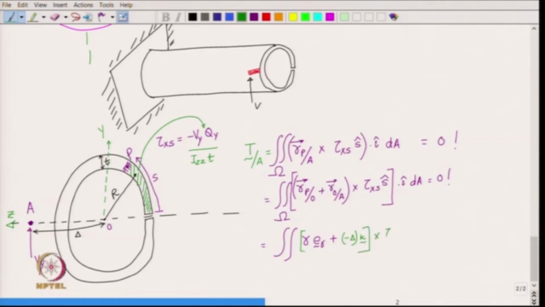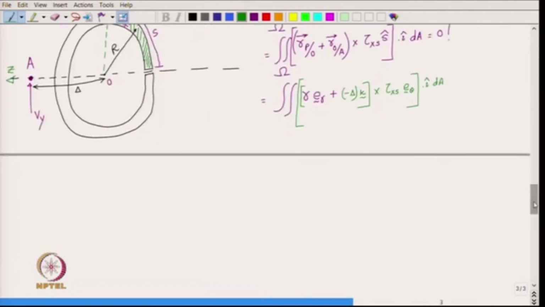cross product tau x s into s hat, and s hat in this case is along the periphery of the cross section, which is actually e theta, right. So, that is e theta, and then the whole thing we again dot with i dA. Okay.